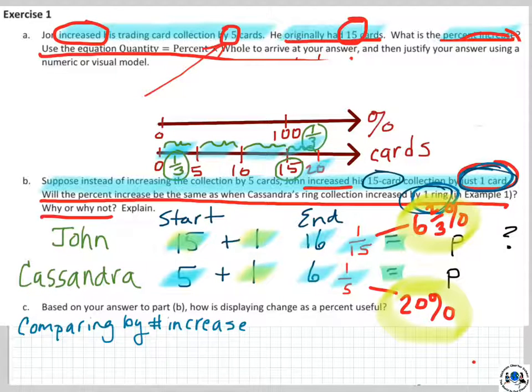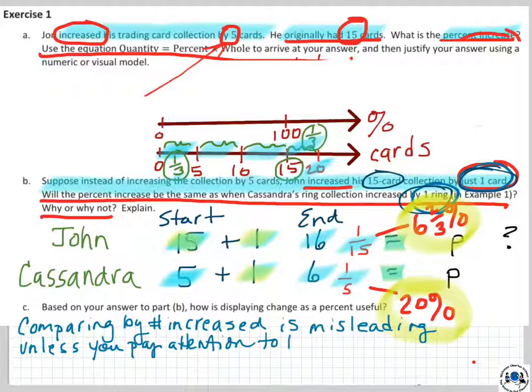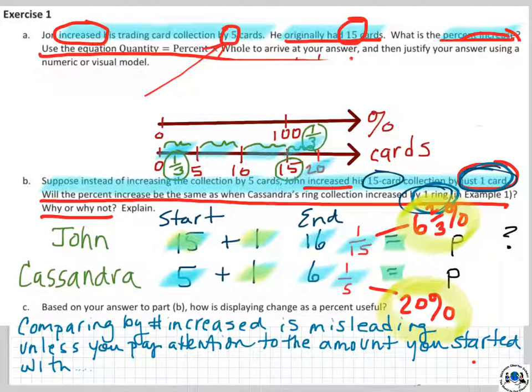Based on your answer to part B, how is displaying change as a percent useful? Okay, and I guess I've been talking about this quite a bit already, but comparing by a number increased is misleading unless you pay attention to the amount you started with. And that is really, really important. You can't just compare by the number increased. It's very, very misleading.